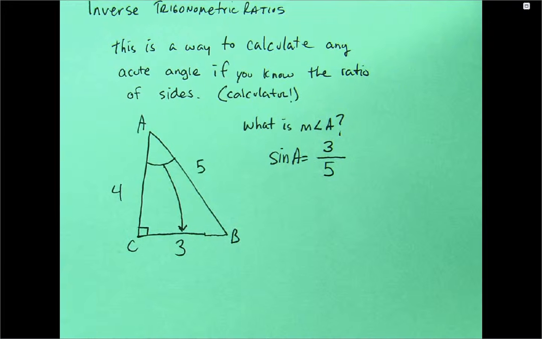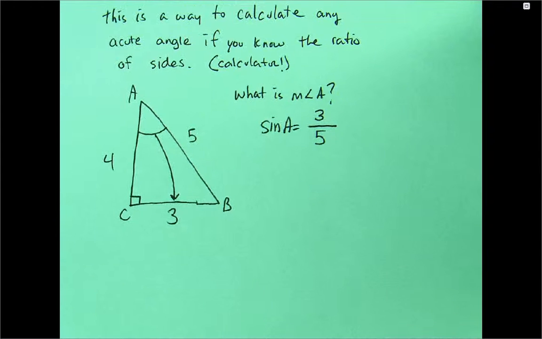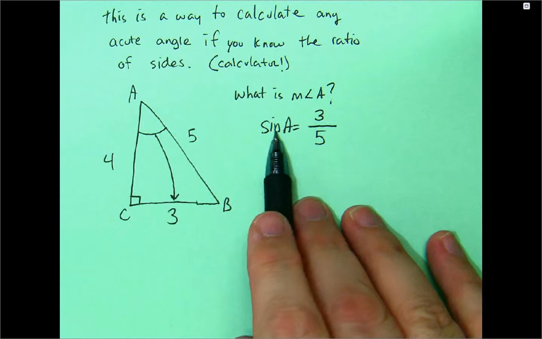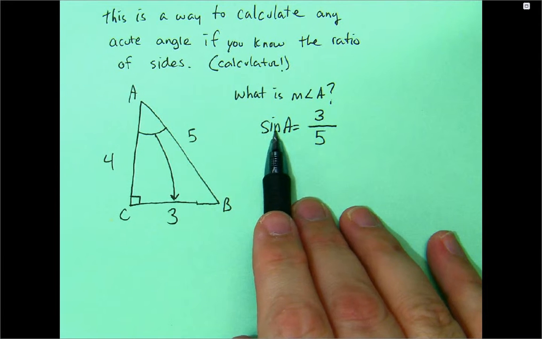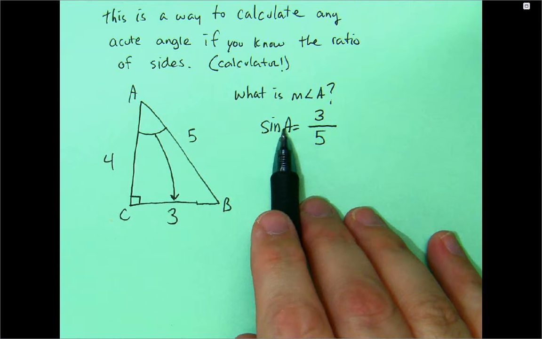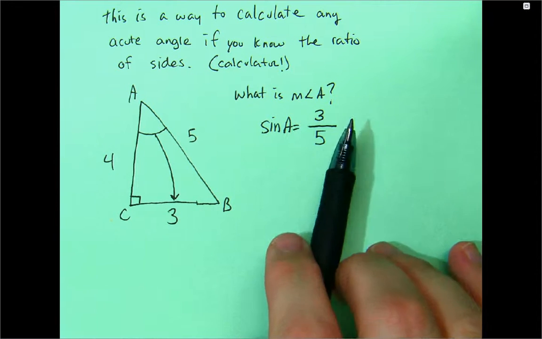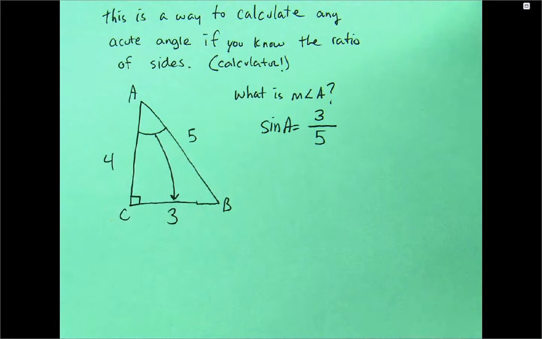So is there an operation that's going to basically undo the sine? Like division undoes multiplication, and taking a square root undoes squaring a number. We do have one. It's called an inverse trig ratio.